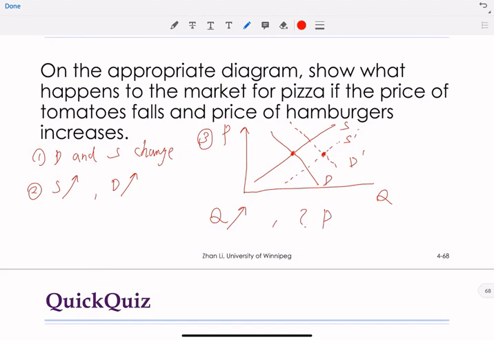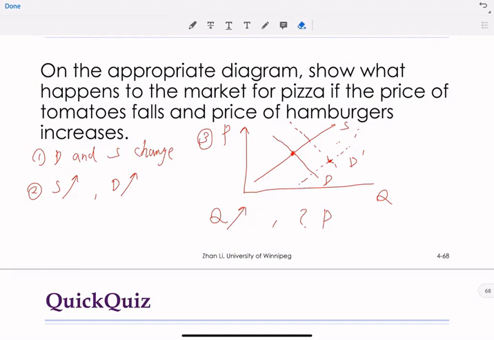However, if I redraw this supply curve, let's say if the supply curve increases a lot, you can see that the equilibrium price will be lower.